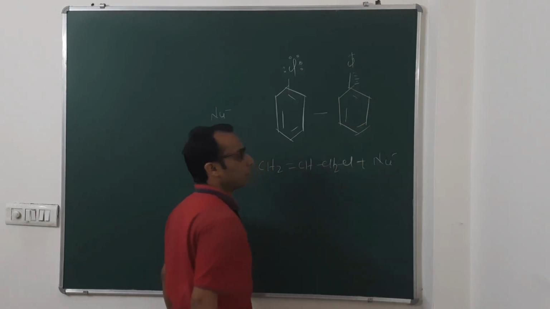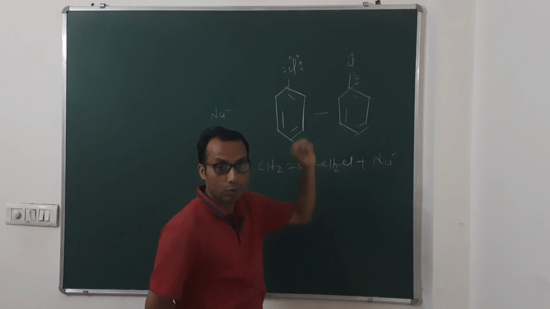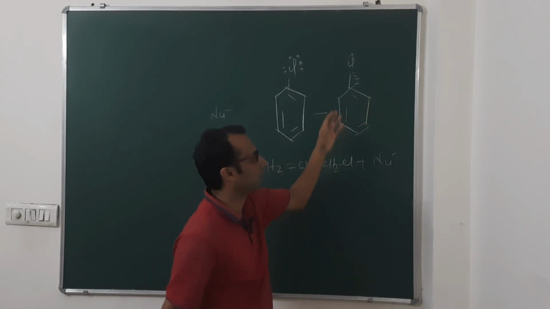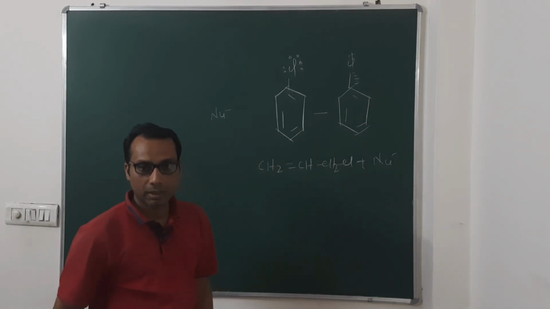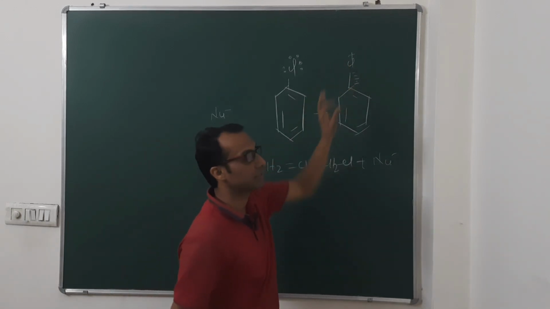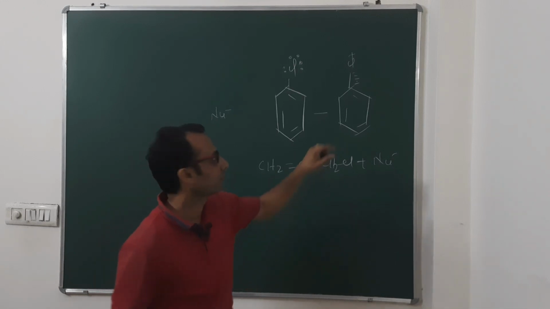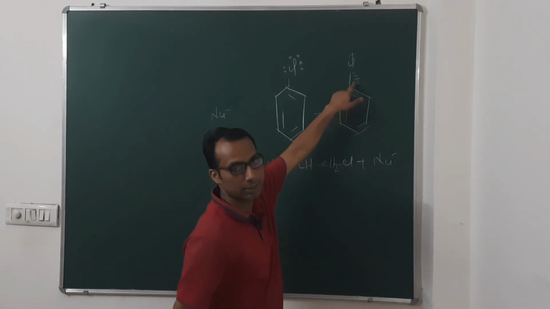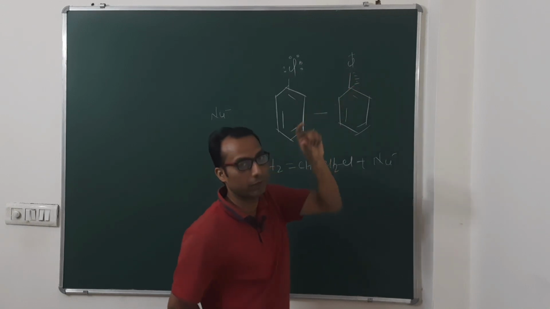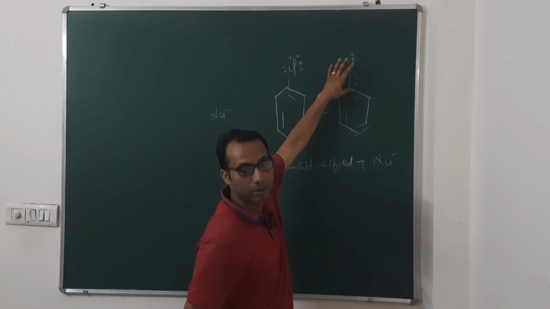Due to the partial double bond and the mesomeric effect, the electron density increases at the ortho and para positions. Right? And since there is a partial double bond, the bond dissociation energy of this compound will be very high. Why? Because there will be a partial double bond between the chlorine and carbon.